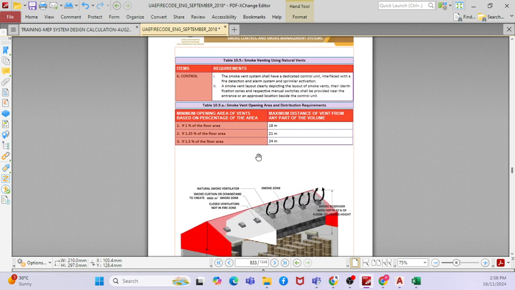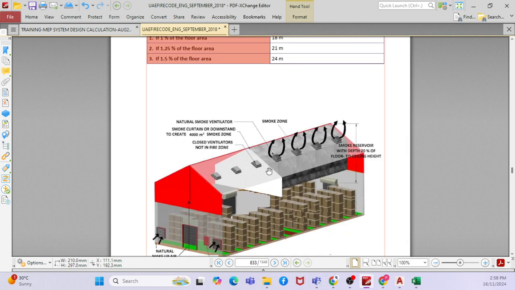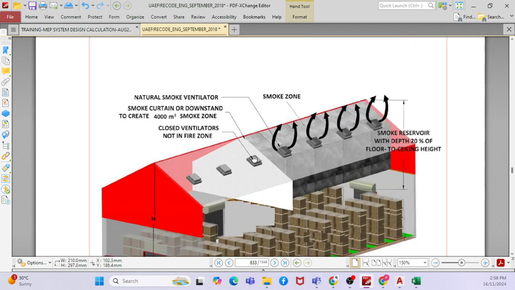During a fire, when there is a signal from the fire alarm, this panel will open. It's just a closed ventilator, not in the fire zone. There is a smoke curtain or downstand, which protects the zone wise. It's not a fan kind of thing.